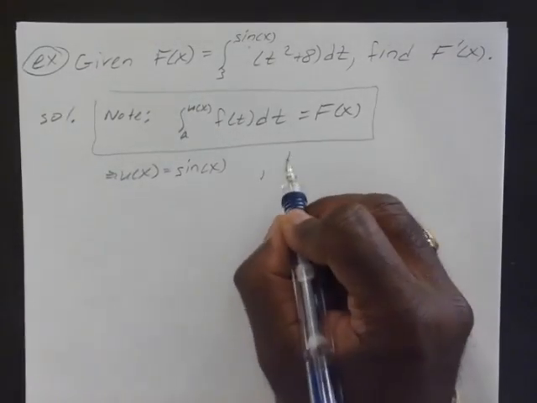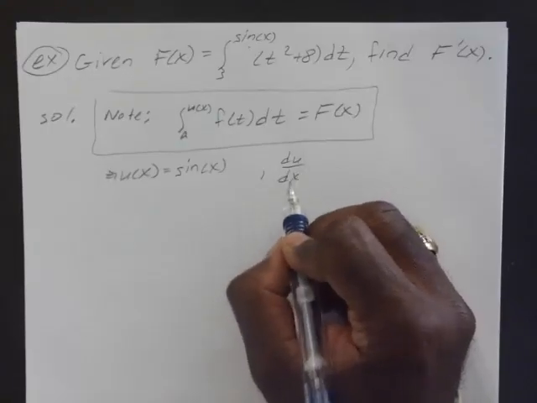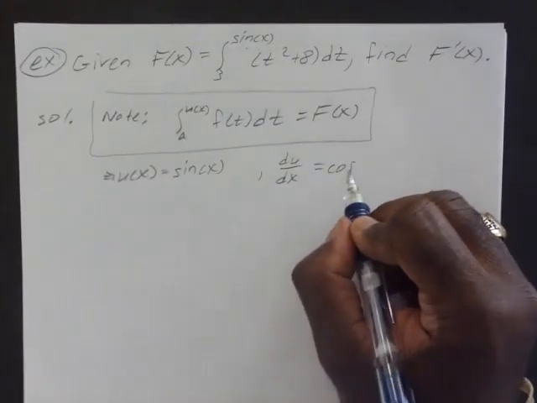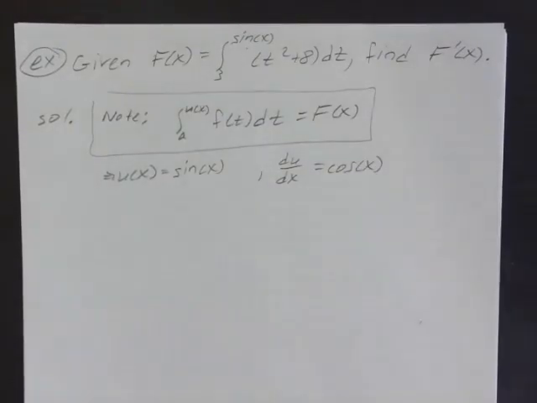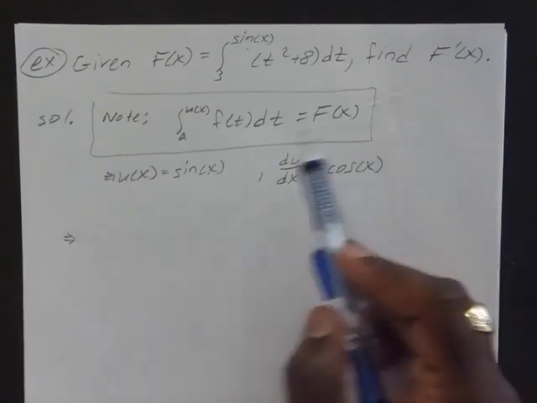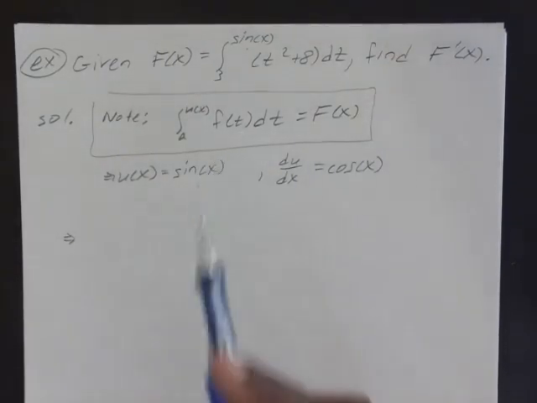And our derivative of u with respect to x is the derivative of sine, which is cosine. Okay, so again, I don't know why, but I like to write it down in steps.